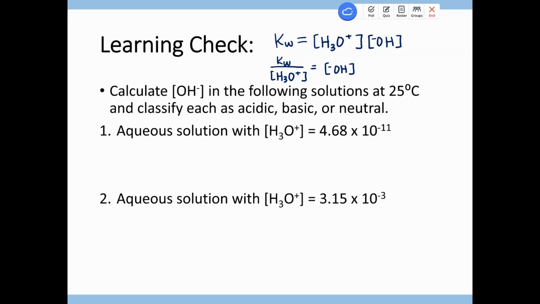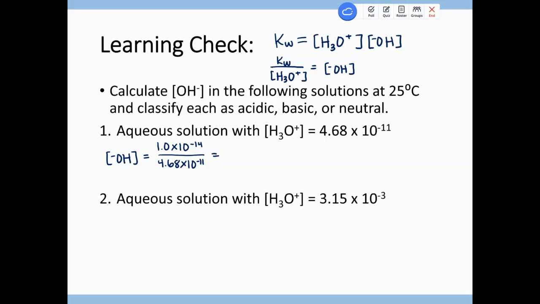Okay, let's do some calculations here. I just rearranged that equation at the top. Concentration of OH minus is equal to that Kw value divided by concentration of H3O plus. Kw is 1.0 times 10 to the negative 14, and the concentration of H3O plus is 4.68 times 10 to the negative 11, which is provided in the question.